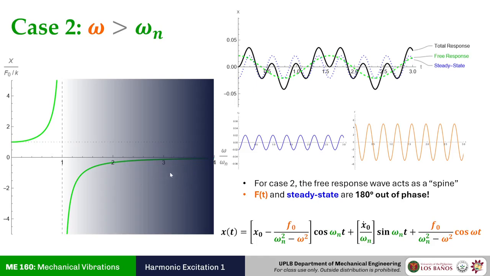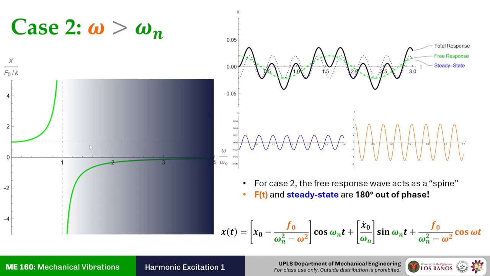You want to make sure that the frequency that is the source of disturbance is greater than the natural frequency or natural frequencies of your system. So case 2 is the default zone. This is the safe spot for most machine designers and system or plant managers. So that's case 2.